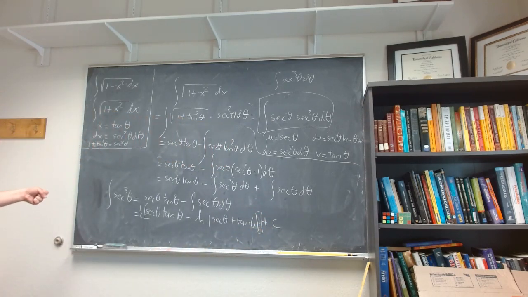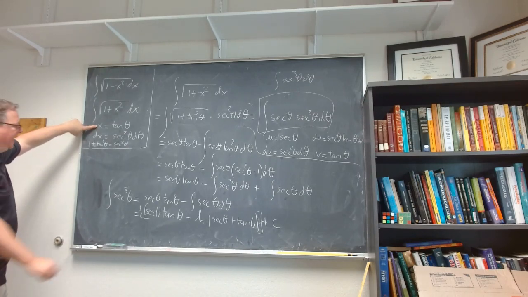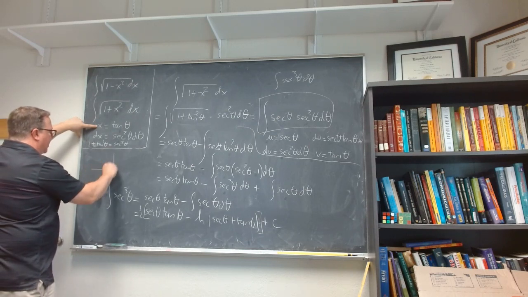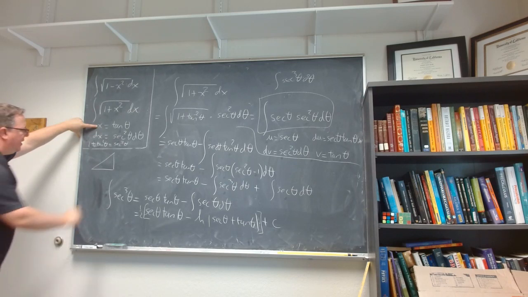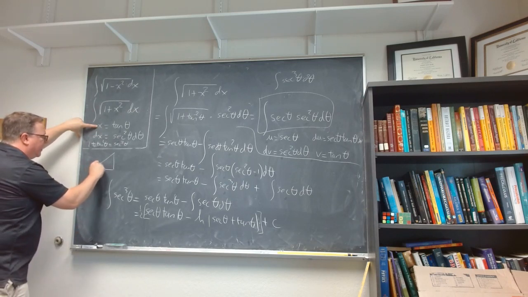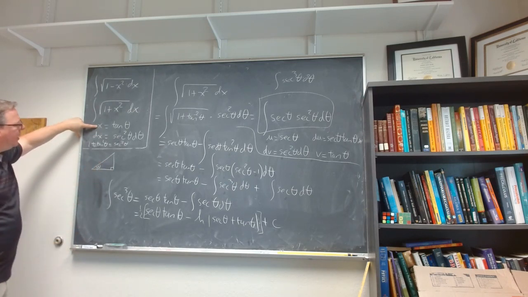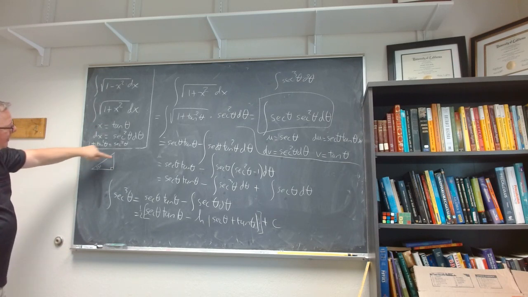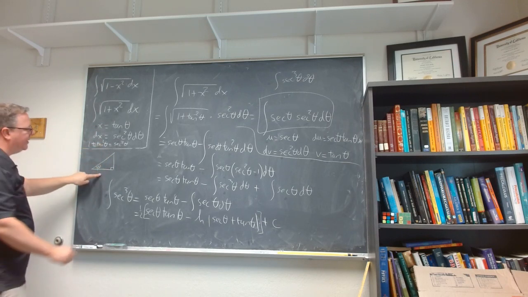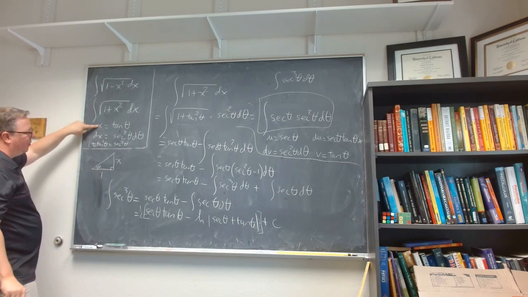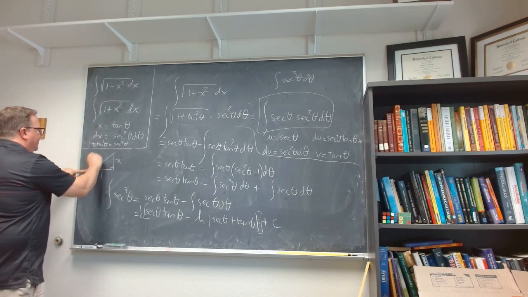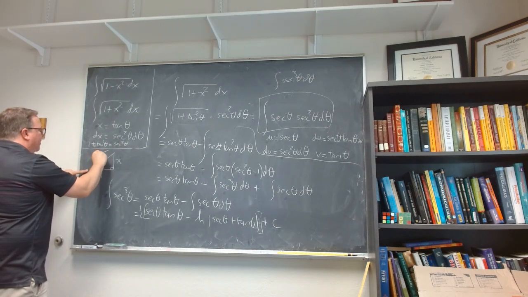And now we have to find a way to back substitute. So remember, our original substitution is that x is tangent of theta. So if we're looking at a triangle, and tangent of theta, so this here's my angle theta, this is my right angle, then the tangent of theta is opposite over adjacent. That means this is x and this is 1 because this is x over 1, which means this here is the square root of 1 plus x squared.